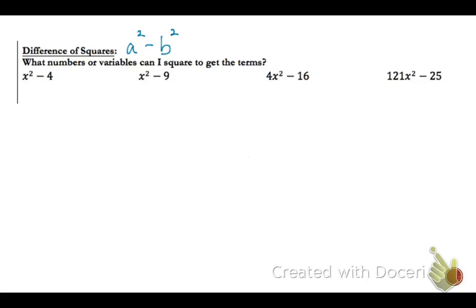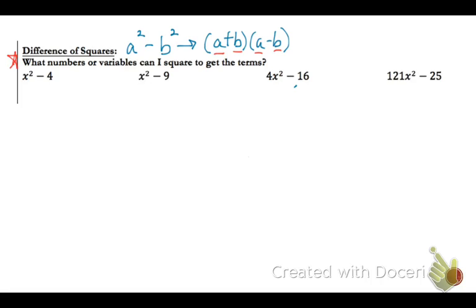Well, that would factor, let's actually use an arrow, so that would break apart into the two expressions A plus B times A minus B. So whatever you're squaring first plus whatever you're squaring second times whatever you're squaring first minus whatever you're squaring second. So the question you need to ask yourself when you have two terms and you're looking for a difference of squares is, what numbers or variables can I square to get them?